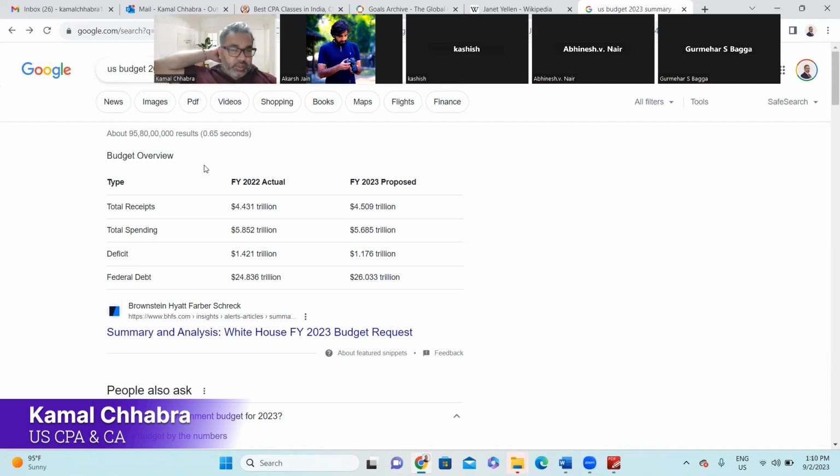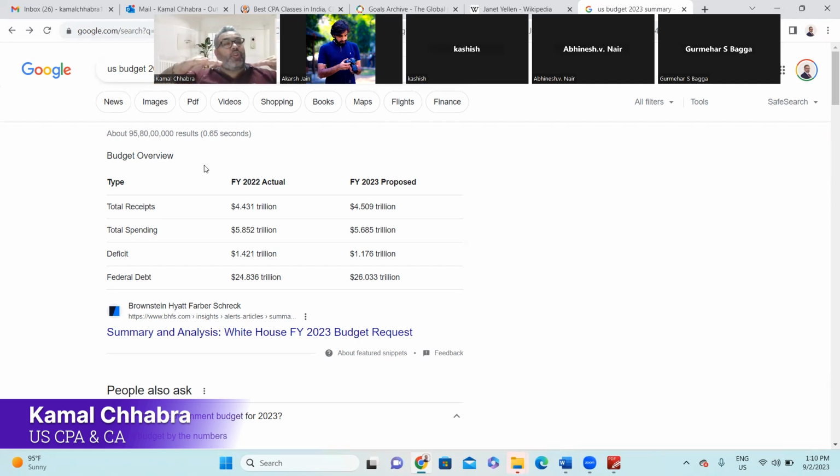It may be allocated state-wise, and those respective states will manage the utilization of it. So from the top level, the government level, it goes to the ministries. From the ministry, it goes further down to the respective section. From the respective section, it goes down to the state level.